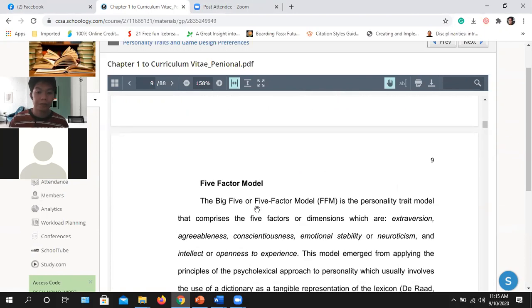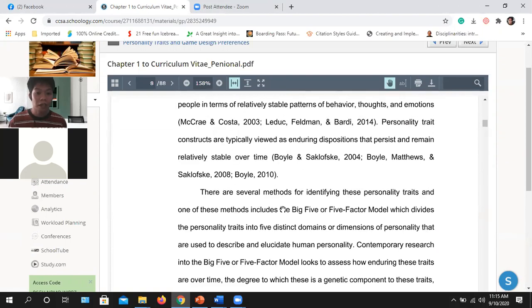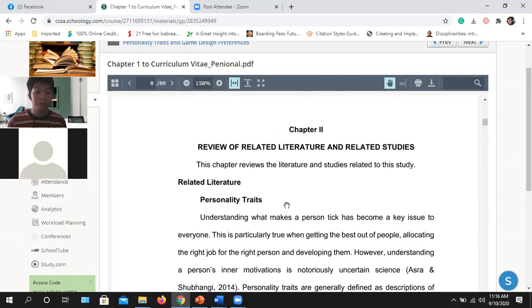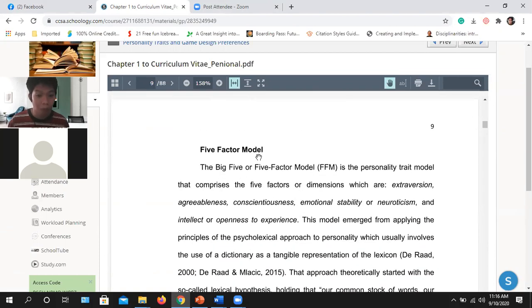Second, since the variables are specific theories, like the 5-factor model, you need to provide related literature about the 5-factor model.